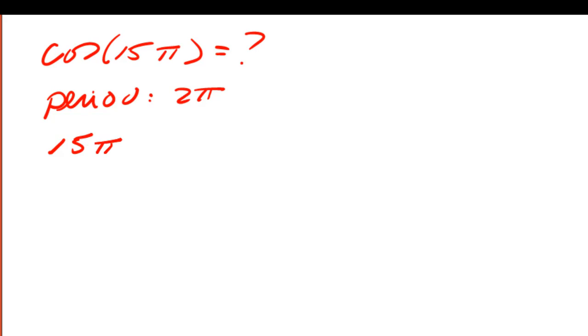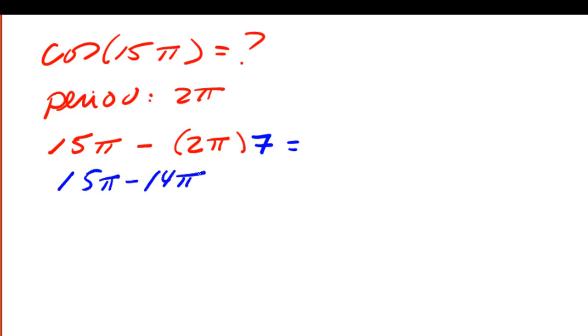So I have 15 pi, and then I'm going to put here the 2 pi, and then I ask myself the following question. How many times does 2 go into 15? And of course the answer is 7 times. So now, having mentioned that, I can subtract: 15 pi minus 14 pi is equal to pi.